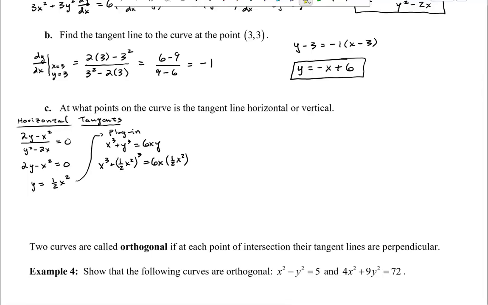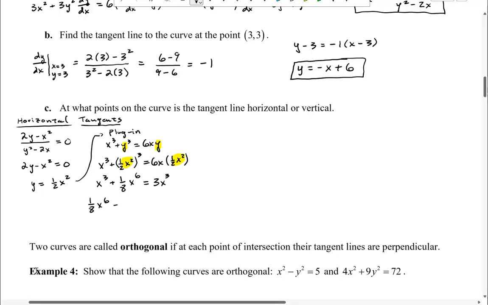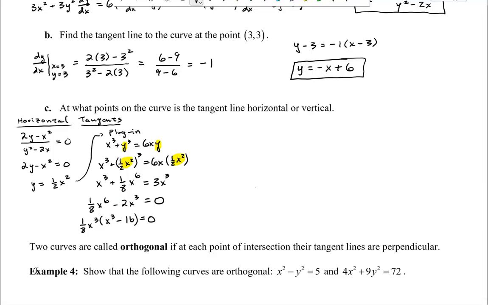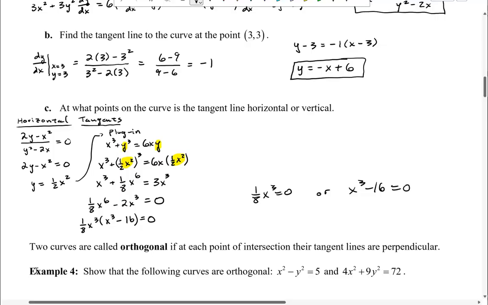Again, all we've done here is we've taken 1/2 x squared, plugged it in here, and plugged it in here. Now we solve this equation. So that means that either 1/8 x to the third is equal to 0 or x to the third minus 16 is equal to 0.